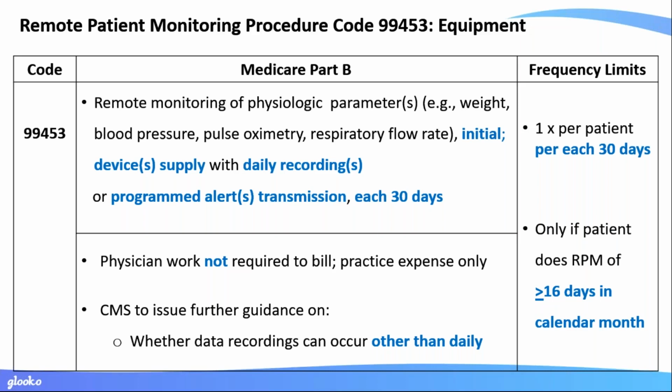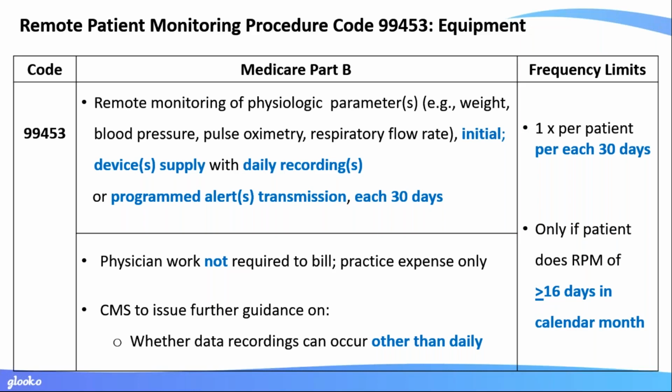Okay, so with this particular code, in order to bill it, the device that you loan or give to Martha to use during the remote monitoring period, you basically have to own that device. You have to have paid for it, because the core concept of reimbursement is that you've incurred an expense, and you're billing Medicare to get your money back.